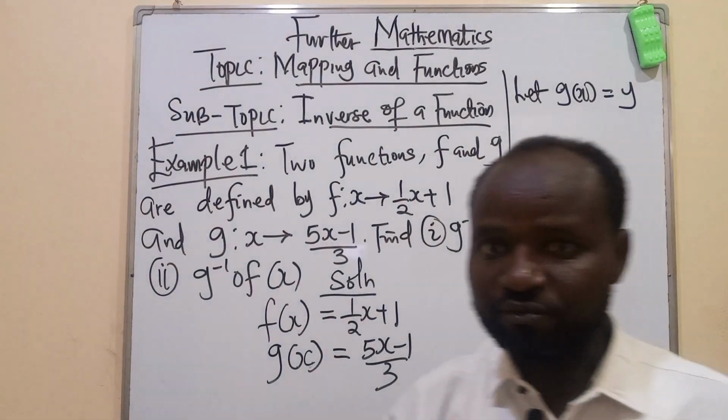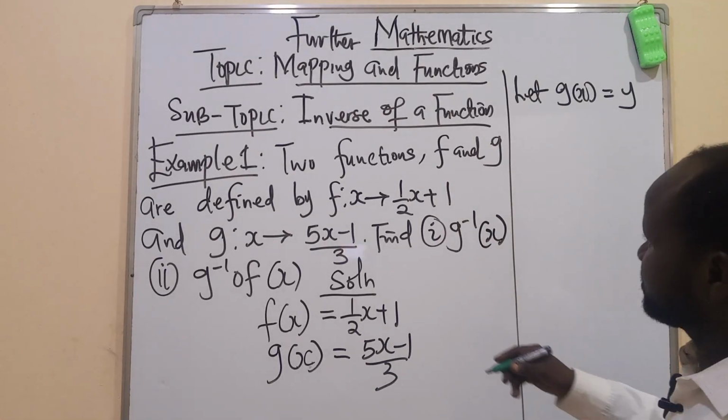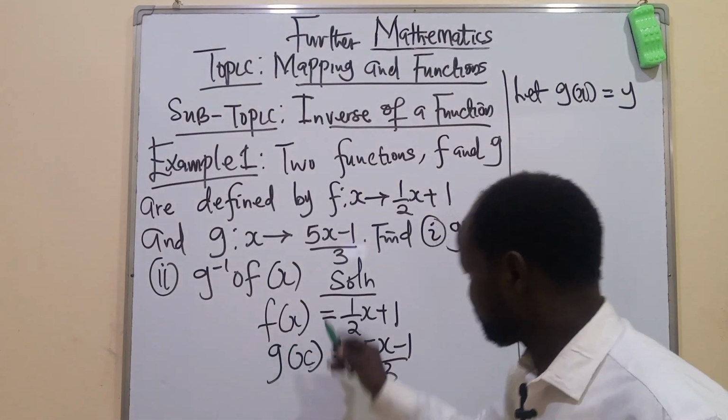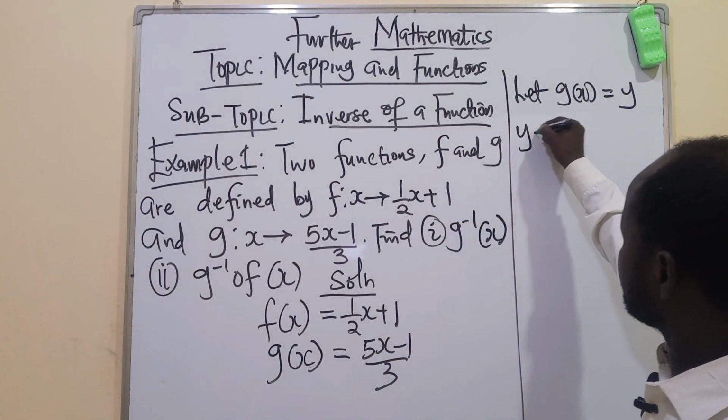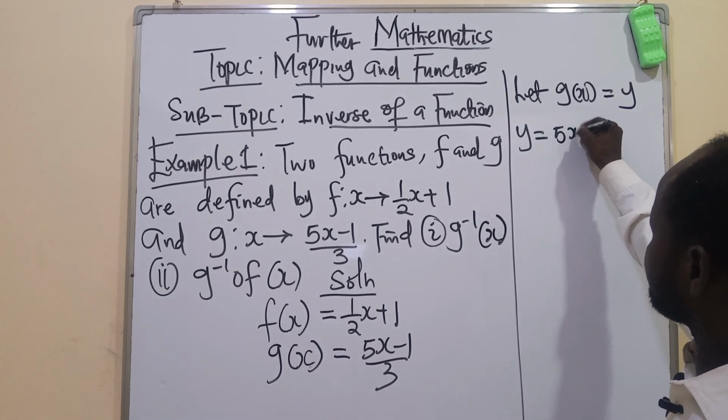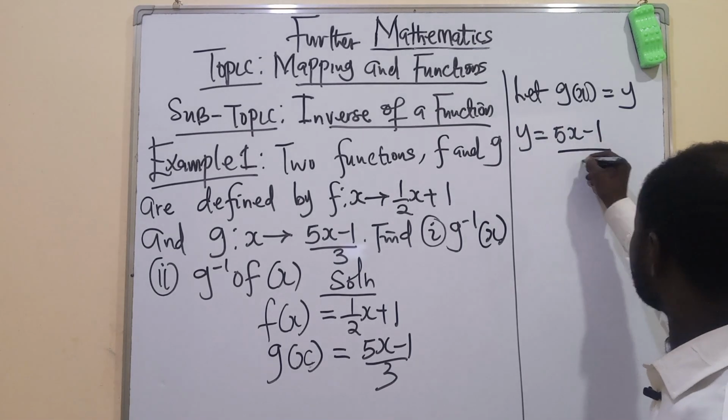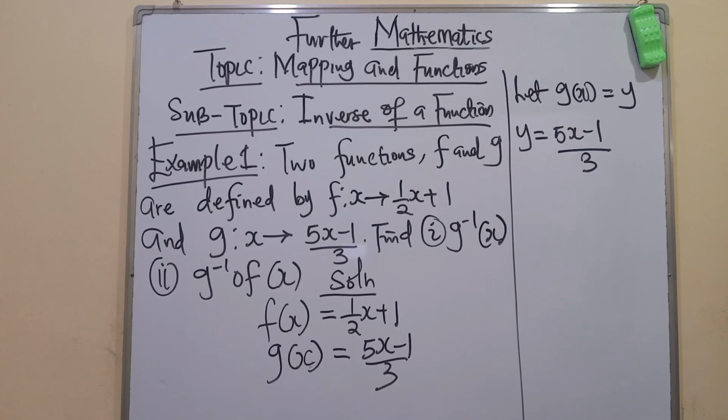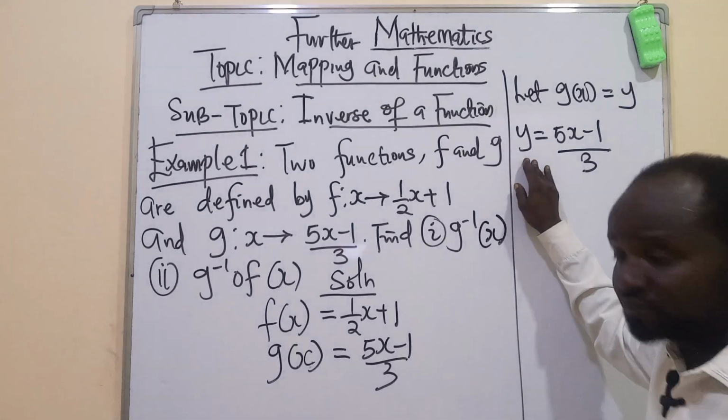Y is a function of what? X. It means in place of g of x, we put y equals (5x minus 1) divided by 3. And we have to make x the subject of the relation here.